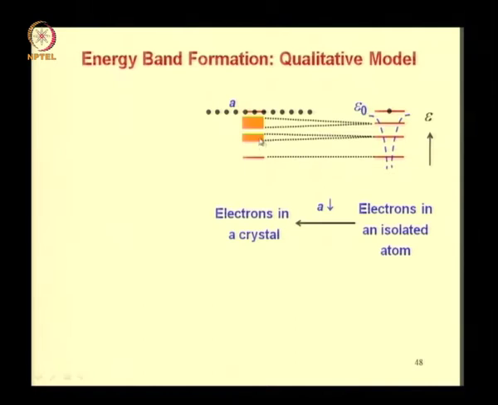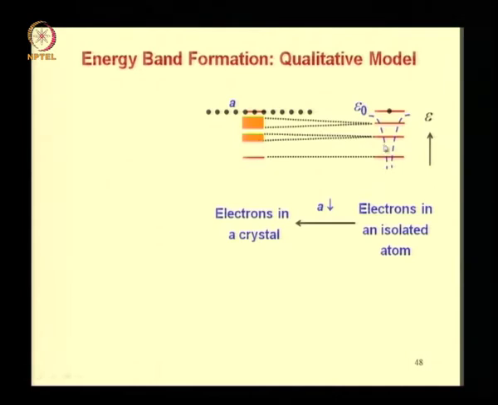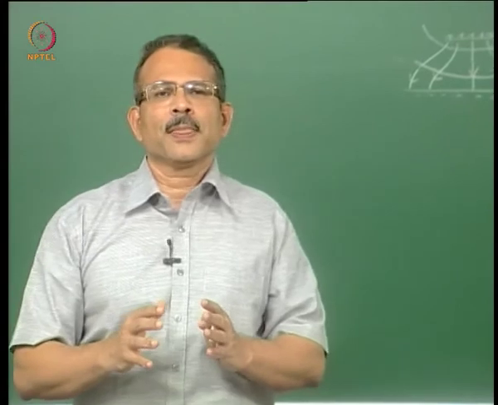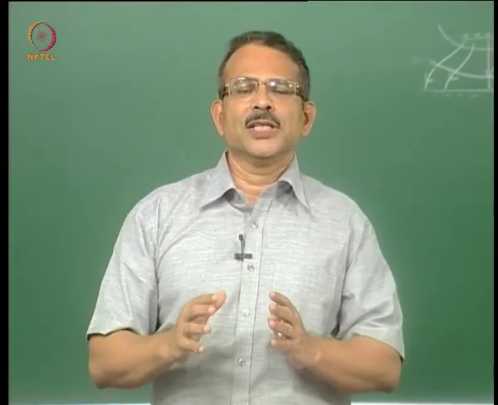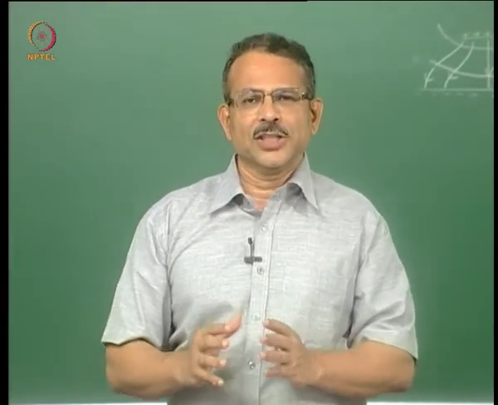So the formation of a band of allowed energies in a crystal, from an energy level in an isolated atom, can be explained based on Pauli's exclusion principle, which requires that electrons in any system cannot all have the same energy state and therefore the same energy.